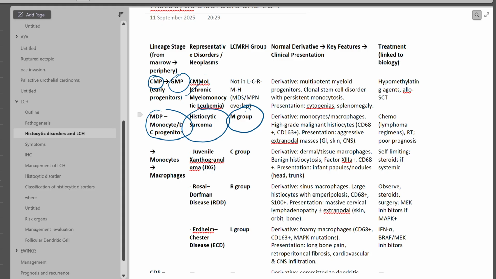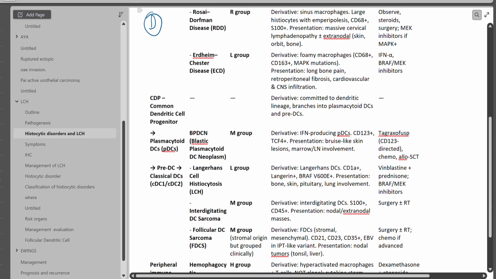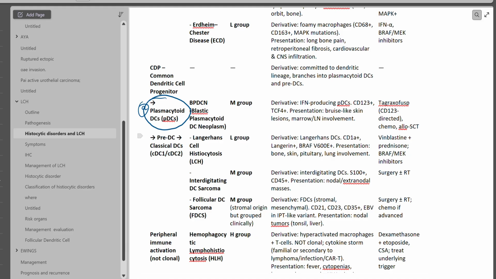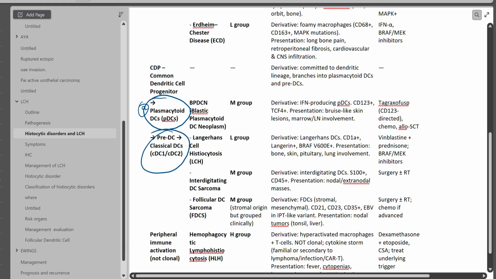And then if you're talking about monocytes, then you're talking about CMML. If you're talking about dendritic cells, which are lower down, are you talking about immature plasmacytoid dendritic cells? Or are you talking about a pre-dendritic cell, the classical dendritic cell proliferation, which is L group and M group?